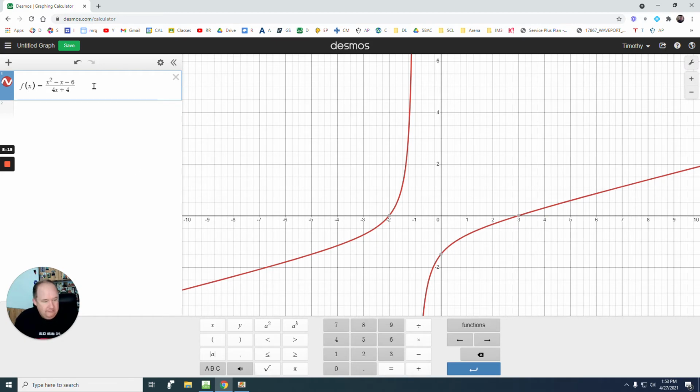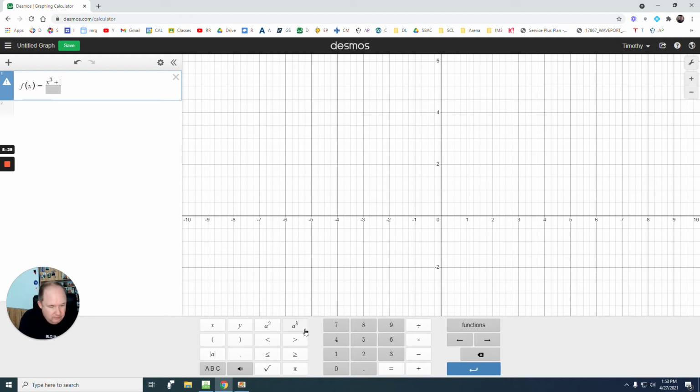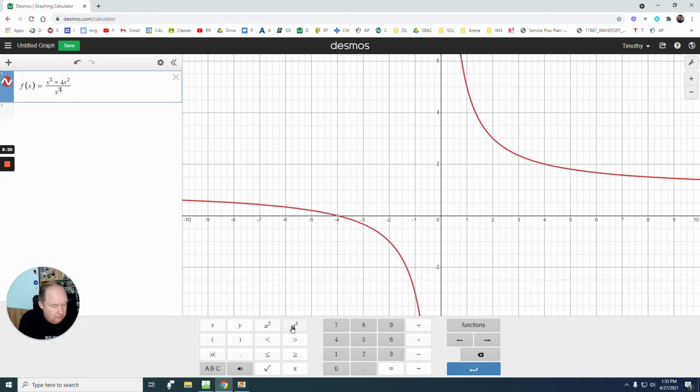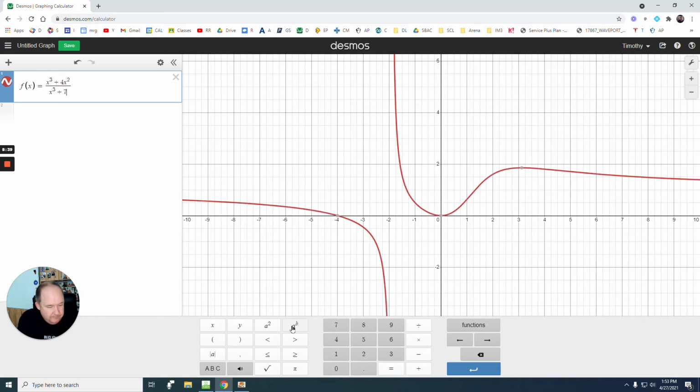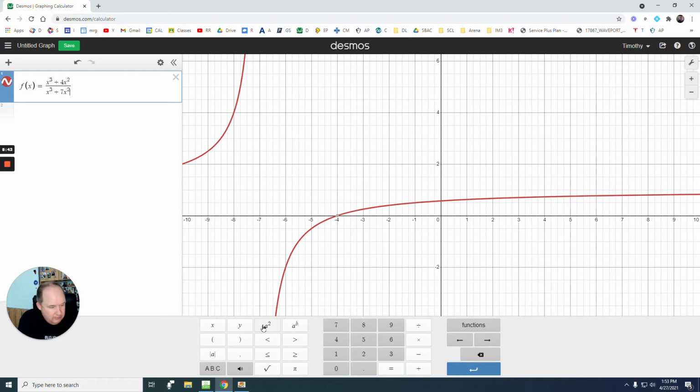Number 9. So number 9 is x cubed plus 4x squared. In the denominator is x cubed plus 7x squared plus 12x.